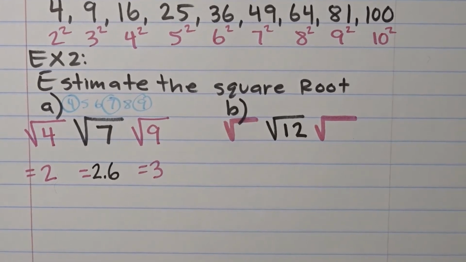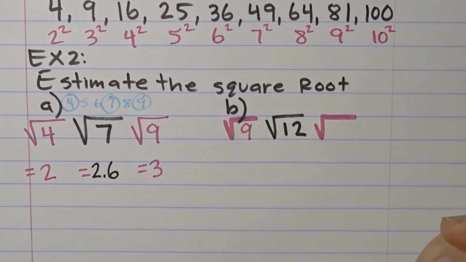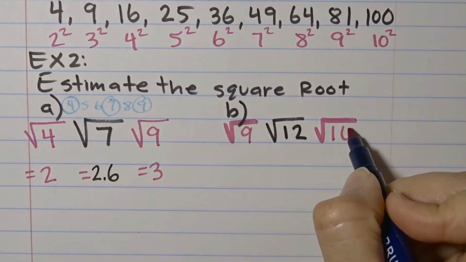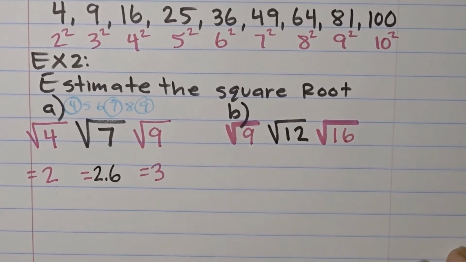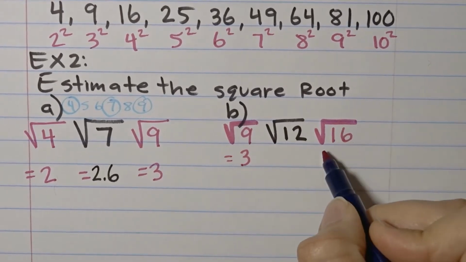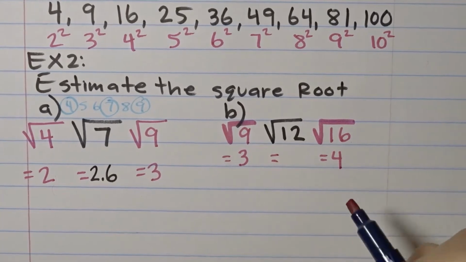The perfect square before 12 would have been 9, and the perfect square after 12 would have been 16. Now I know that this has an answer of 3, and this one has an answer of 4. So what would the answer for 12 be?